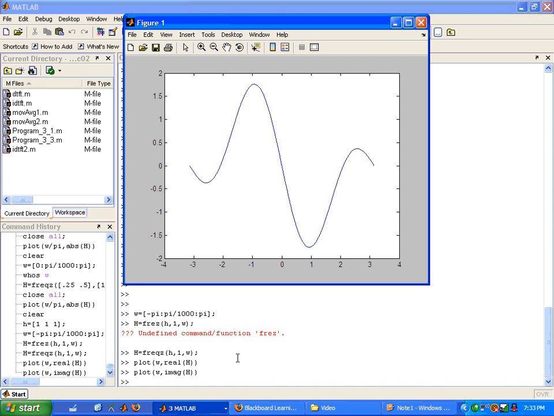Unwrap. Why do we have unwrap? What is unwrap, first of all? Can somebody tell me what unwrap is? Yeah, that's exactly right. Just because of the way that the inverse tangent is calculated, you have discontinuities in it.